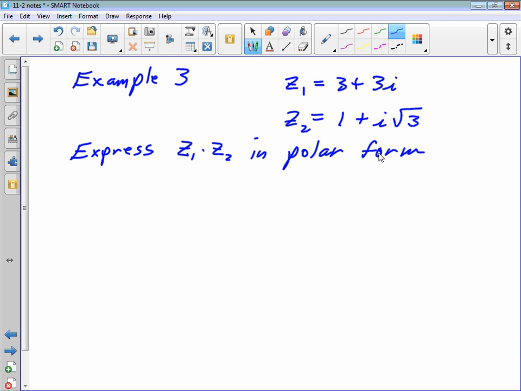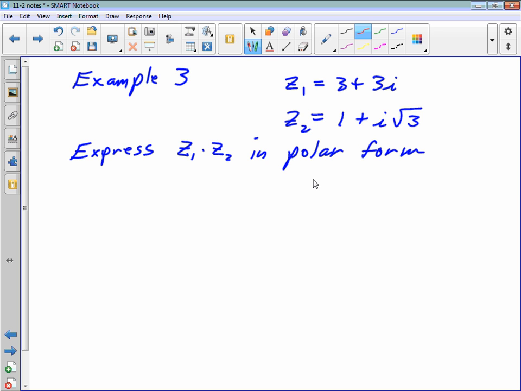So I feel like the easiest way to do this one is to express each one individually in polar form. In other words, convert from rectangular form to polar form, and then we'll be able to multiply them and add their polar angles. Okay, so as always, I like to make a little sketch.